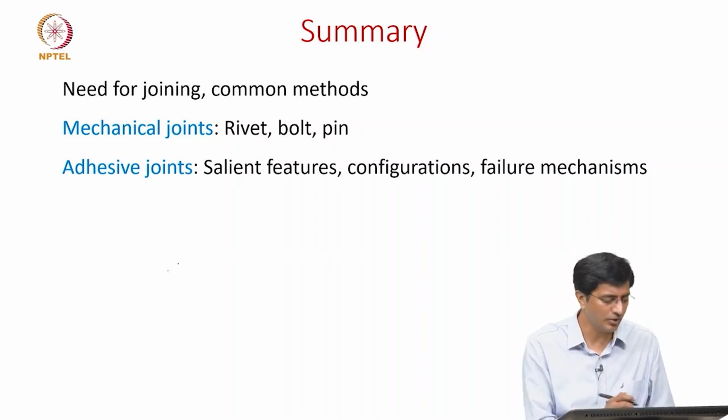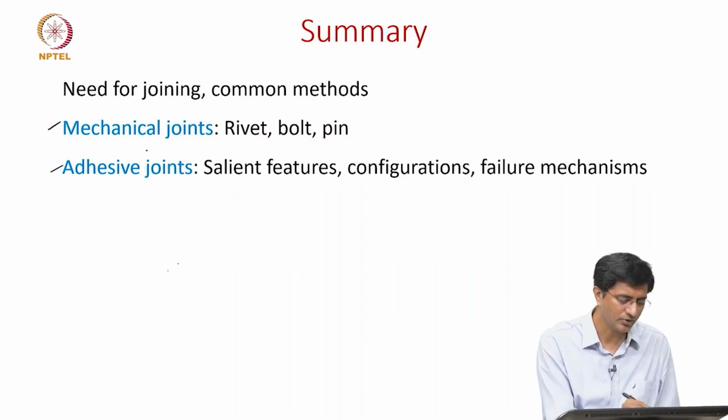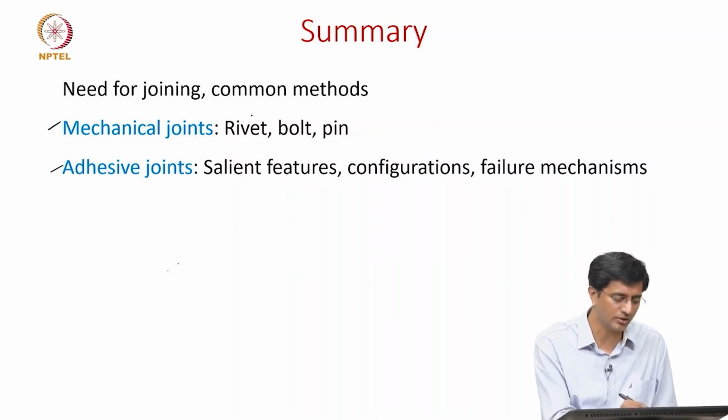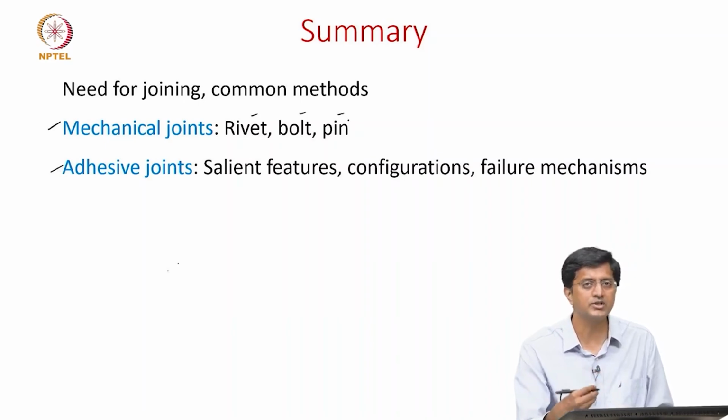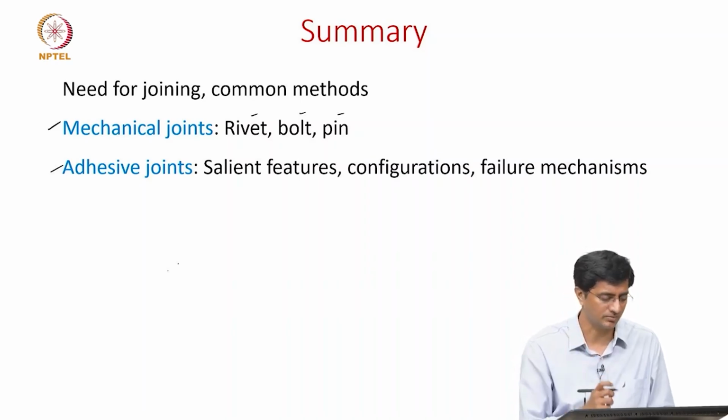In this video, we focused more on the mechanical joints and the adhesive joints. For the mechanical joints, we showed the different options like the traditional rivet, bolt, and pins, and we also discussed a few failure mechanisms. There we were able to show how we can improve the design of these joints to avoid common failures in bolted joints, for example.